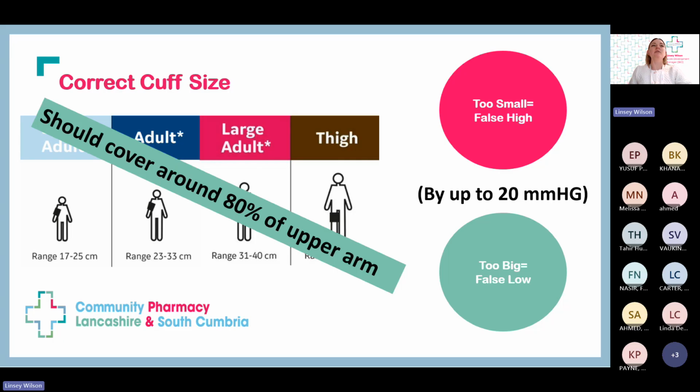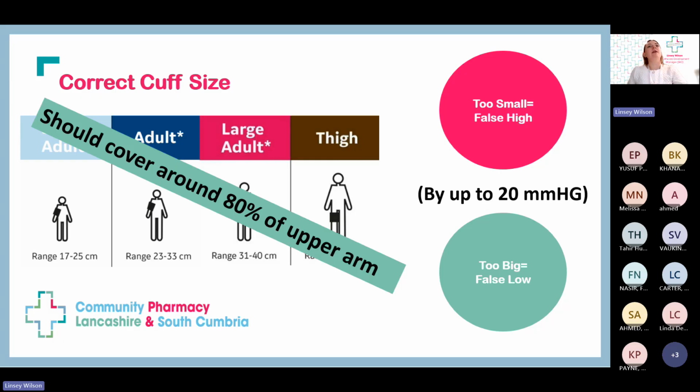Your standard adult one really is 23 to 33. Your larger adults, sort of your 6 foot plus men, they'll range from about 31 to 40. And then naturally you might get somebody that can't have a measurement on their arm, or they don't have upper limbs, then we can refer back to the thigh, and there is nice guidance on that as well.